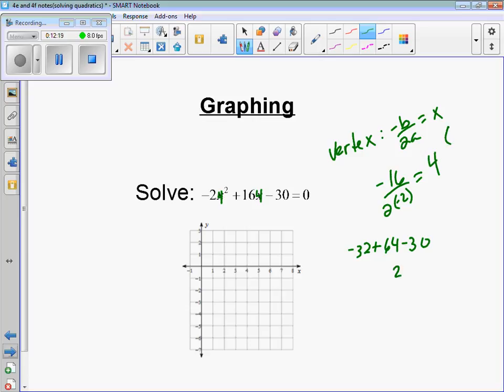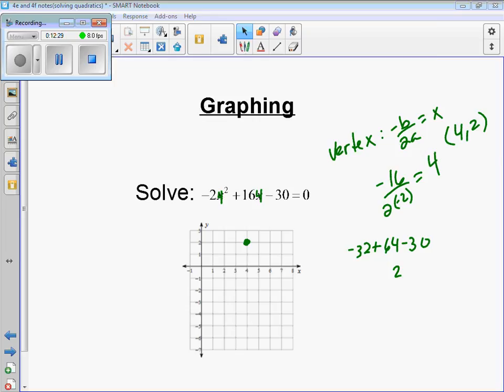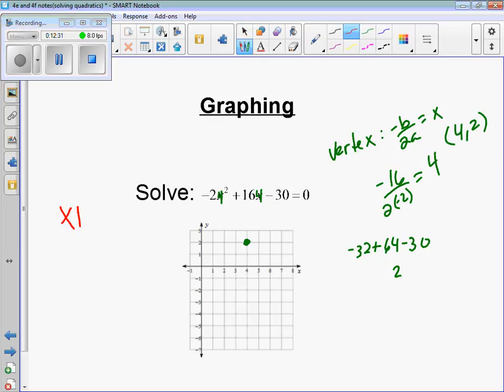From here, let's use the calculator to find other points. So I'm actually going to set up a t-chart here. So you have 4, 2. And then what you look for are the two numbers left and right of 4, 3 and 5, and substitute those both into the equation.